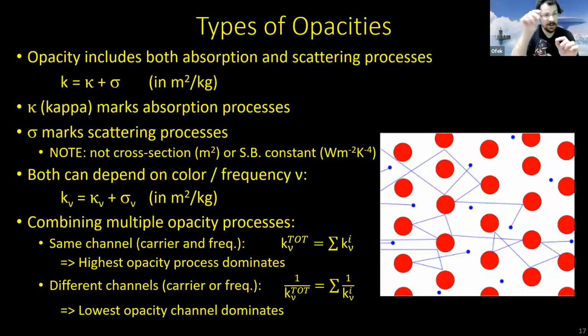Combining and collecting all these different processes has to be done carefully for each of these types of combinations. Not surprisingly, if you have multiple sources of opacity relevant for the same channel and the same frequency, then to find the total opacity, you add linearly all of the separate opacities, which also means that the highest opacity process will determine the overall opacity for that particular channel and frequency.